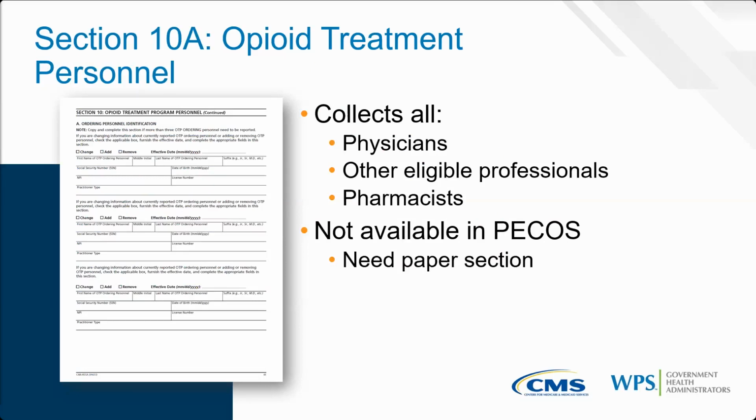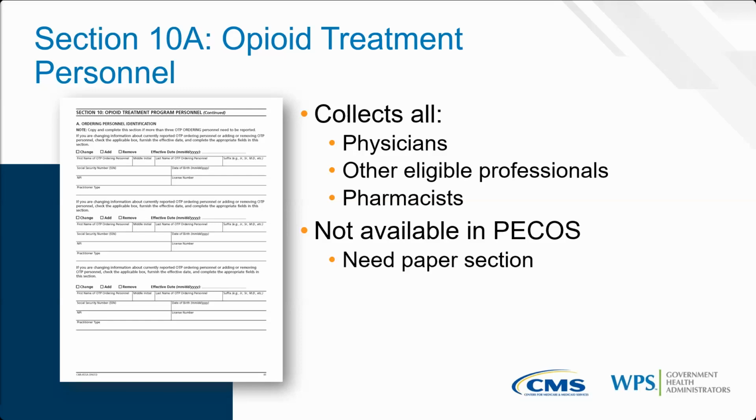Now, the changes were made on the paper application. They are not currently in PACOS. They will be implemented with PACOS 2.0, which I unfortunately do not have a go-live for at this time. It's still in development, so stay tuned there. What happens though, you still can submit an 855A and report this information in PACOS.